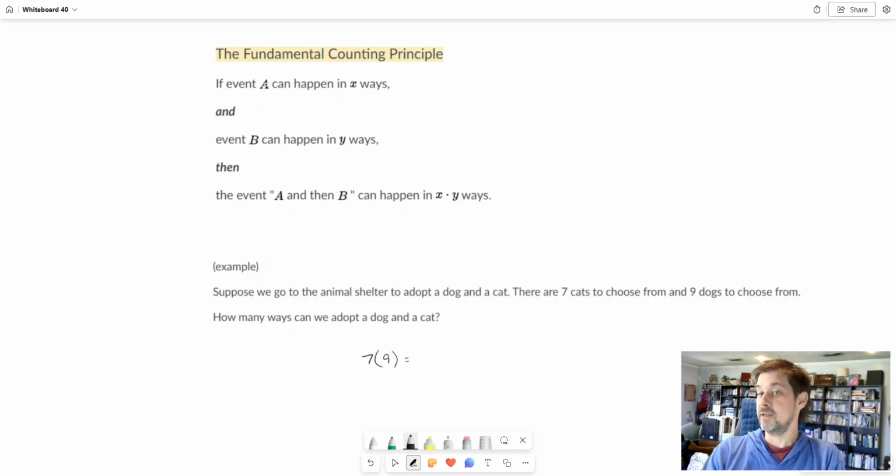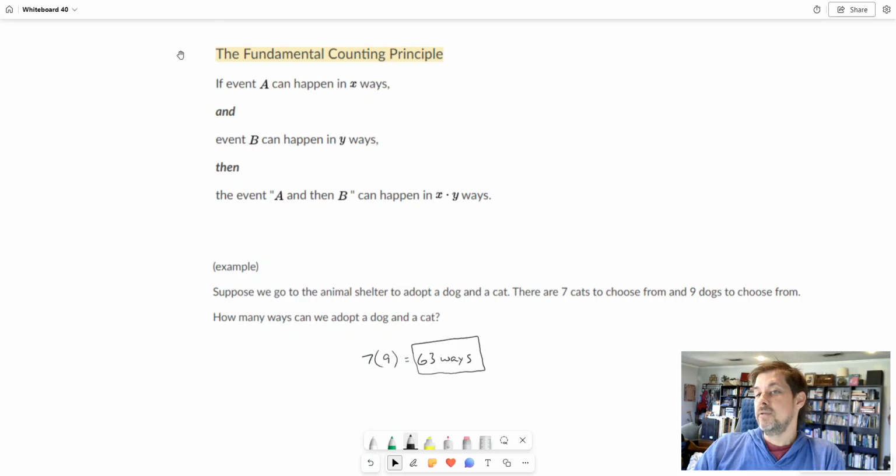Individually, they can happen in 7 and 9 ways, but choosing one and then choosing another, getting an individual dog and cat at your house, is going to be 63 ways. So there are 63 different ways that we can come home with a dog and a cat if there are 7 cats and 9 dogs.